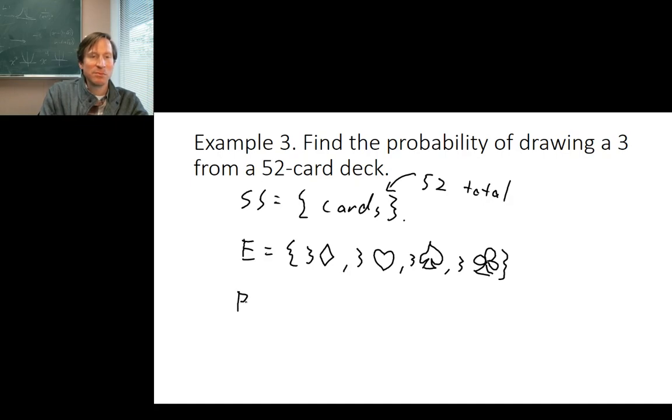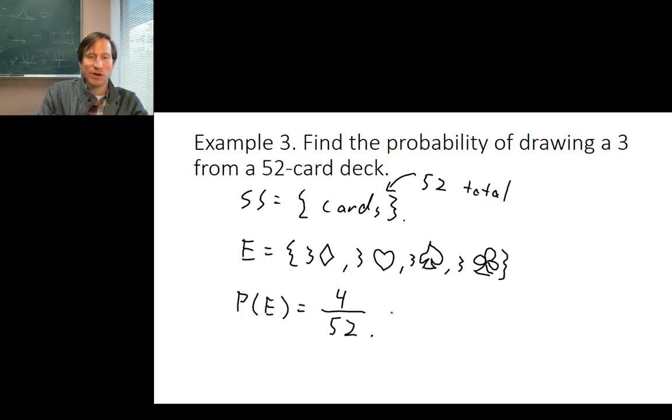Now to get the probability of this event, we divide the number of outcomes in the event. There are 4 possible outcomes in this event, each of the 4 3s that are in the deck, divided by the number of cards in the deck, which is 52 cards total.